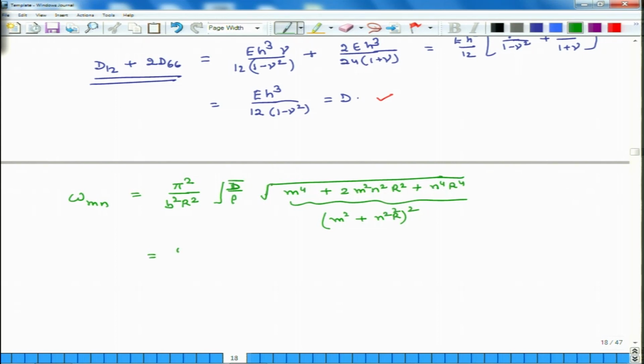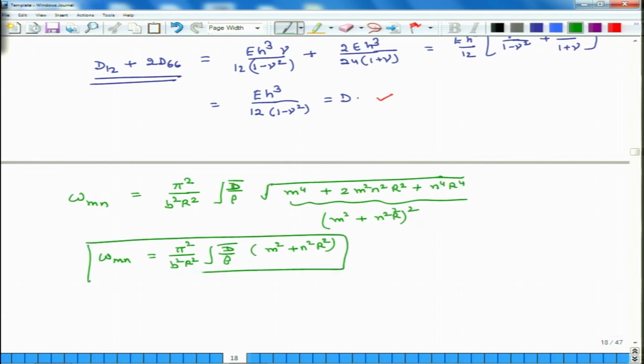So, this is equal to pi square divided by b square r square times square root of D over rho times m square plus n square r square. These are the natural angular frequencies for an isotropic plate.